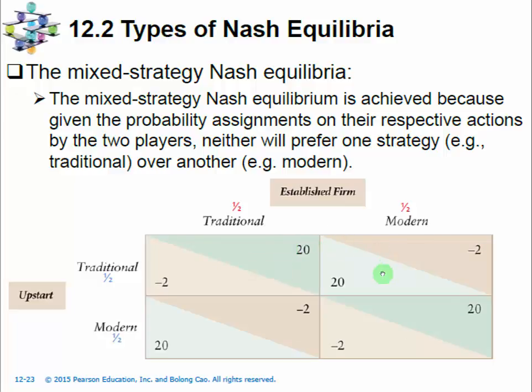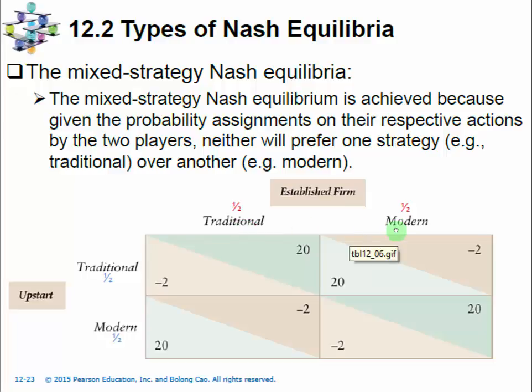It is because of the symmetry in payoffs in this game that the two strategies each have 1/2 probability of being played. If there's asymmetry in this payoff matrix for the two players, the probabilities put on the different strategies will not be 1/2.